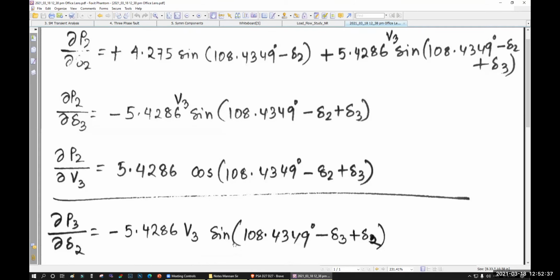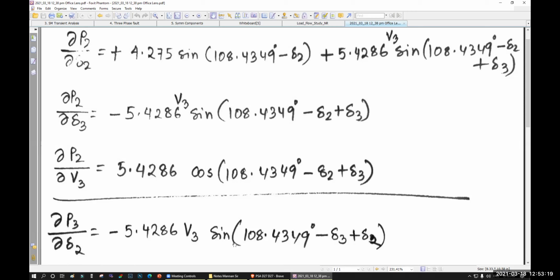These 4 first, okay? You find out 4.275 sine 108.4349 minus 0 plus 5.4286, V3 is 1, into sine 108.4349 minus del 2 del 3. Okay, fine. You got 9.2056. 4 digits is fine.